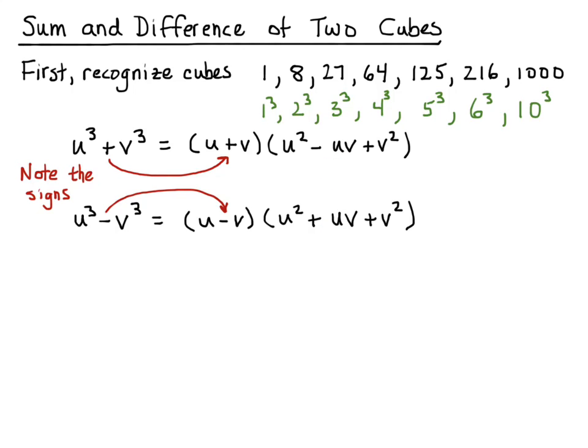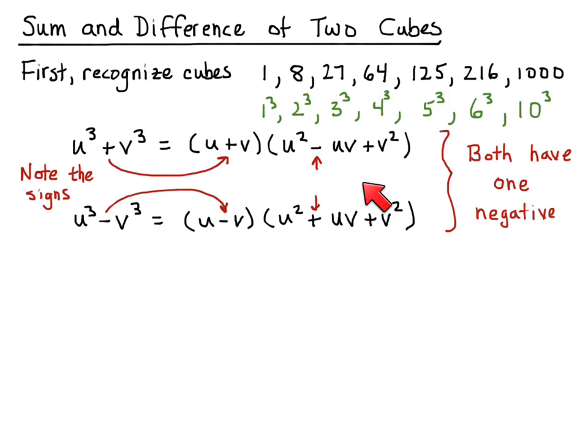So remember, you always have one negative, and the one negative that shows up for the difference is in the binomial term. The negative shows up in the trinomial term for the sum. So if you just remember they have one negative sign, and remember what the first term is, the second one falls in place. Now notice there are no numeric coefficients here either.